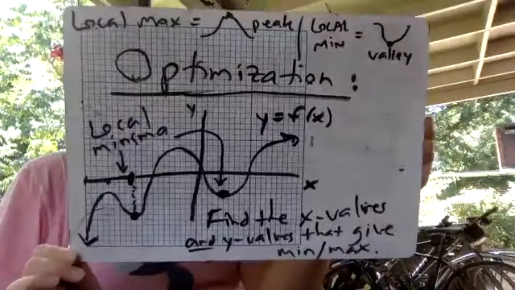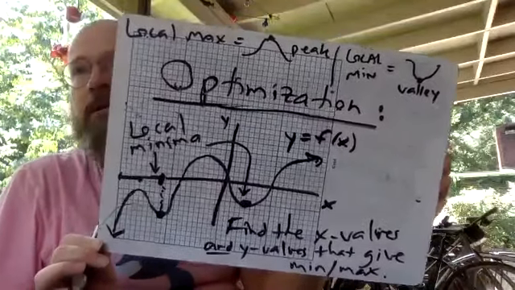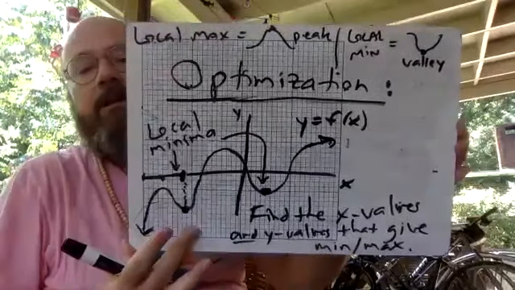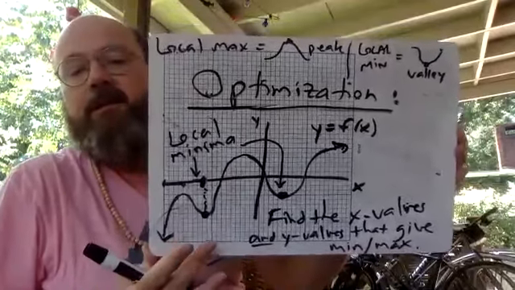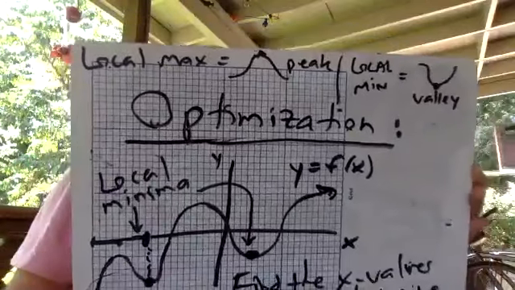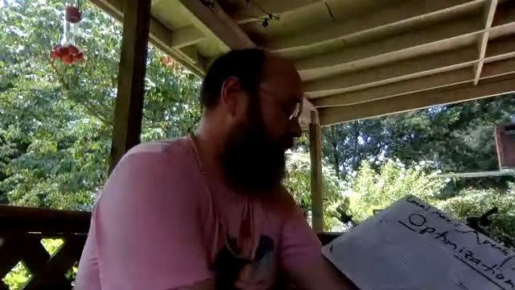What quantity of cardboard do you need to produce the minimum cost in your box manufacturing endeavor? Okay, that's the art of optimization, to solve for those points. So how do you do it?